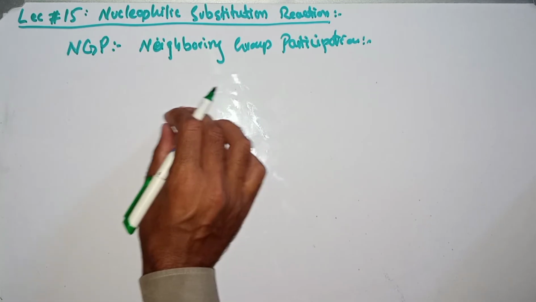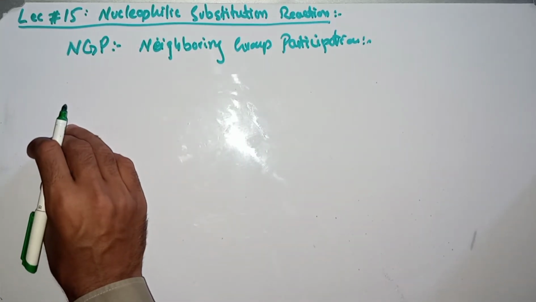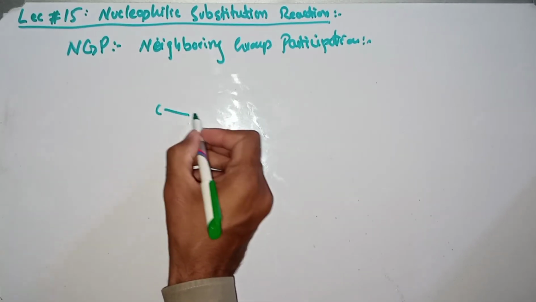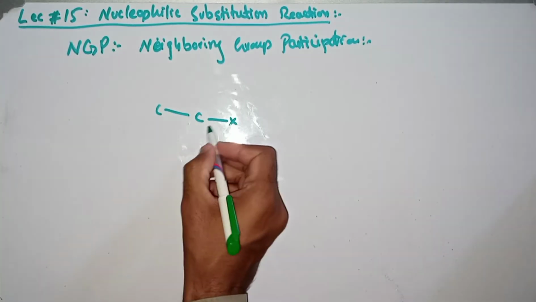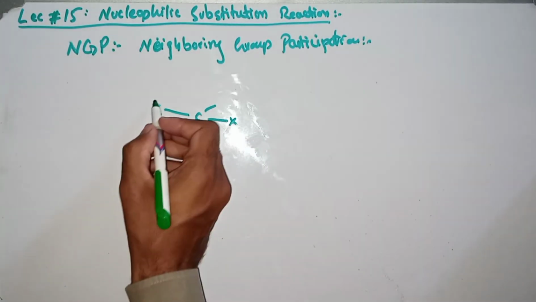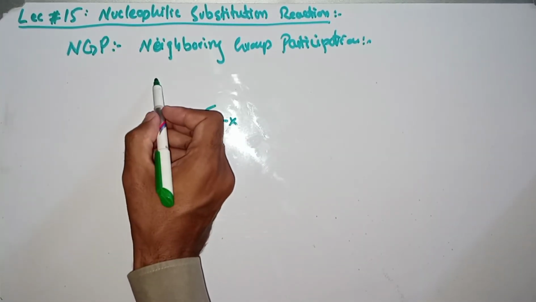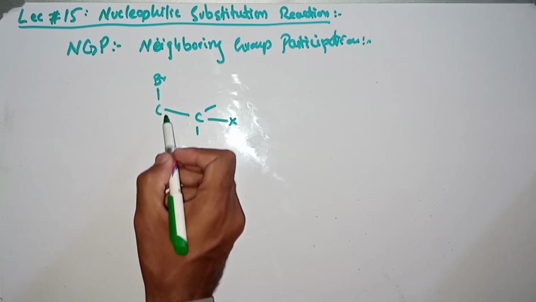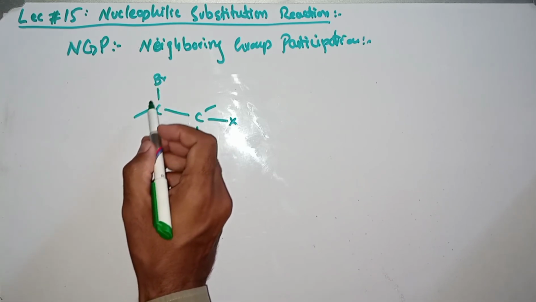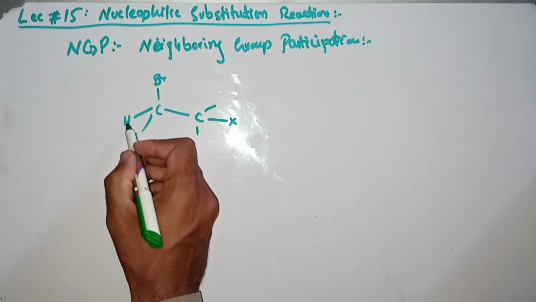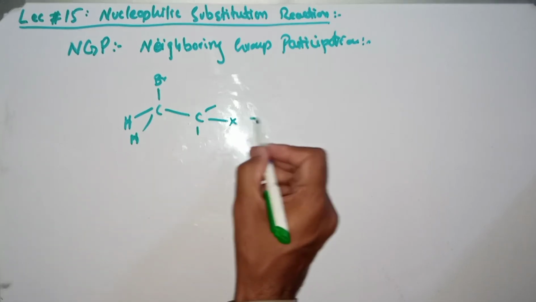that are attached in the same compound as a neighbor to the leaving group. Like this is one compound having the halide ion, or you can say this is the leaving group. When some groups are also attached here that can act as an electron donor, or you can say an internal nucleophile, it will be this step.